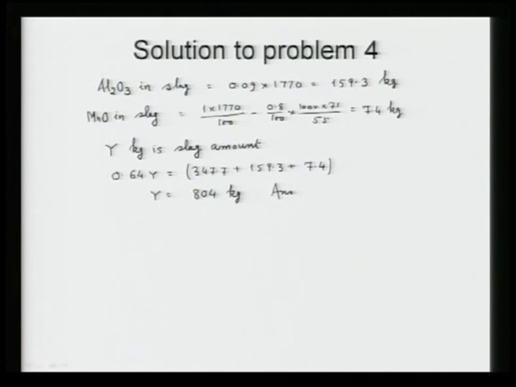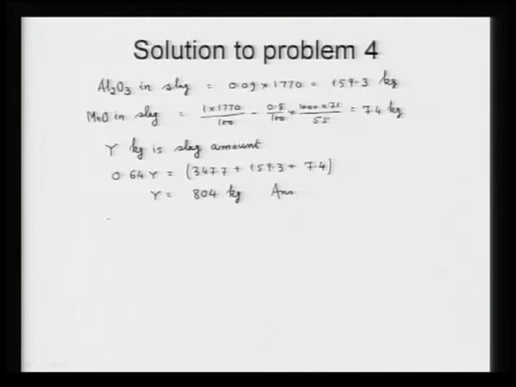Now, we can also find out calcium oxide in limestone, though it is not asked, but when we do the heat balance and when we are charging limestone, we have to calculate the amount of heat that is required to decompose limestone. So, we can calculate CaO in limestone, that is equal to CaO in slag, which is already given, that is equal to 804 into 0.36.